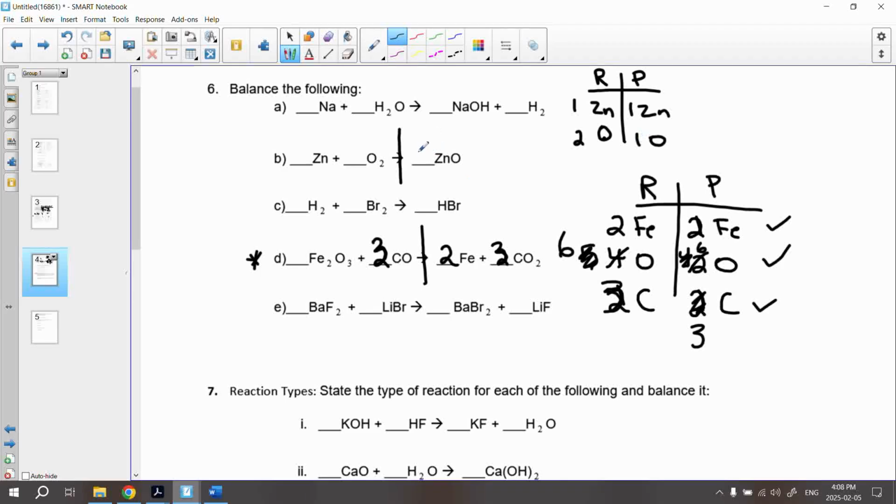So the only way to make 2 oxygen is to put a 2 in front of zinc oxide. But that changes both zinc and oxygen. So I fixed oxygen. Now I need to go and fix zinc. Good. Okay, so that one's much easier to balance than something like this. And that's quite common. Some are easy, some not so much.